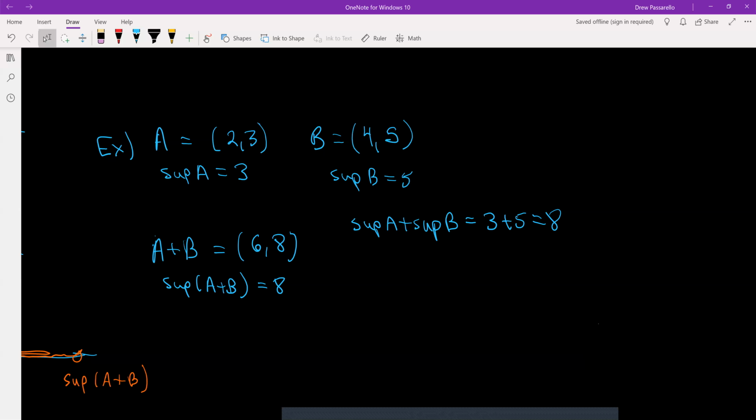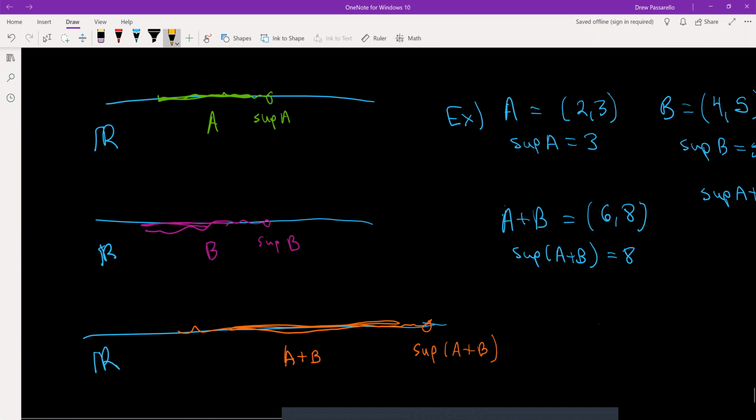You add the elements from each set, so the lower bound of 2 plus 4 is going to be 6, and the upper bound, 3 plus 5, is 8. So the supremum of the open interval 6 to 8 is 8, and if you add each supremum of the individual sets A and B, 3 plus 5 is also 8. Now this isn't a proof, that's just a simple example.